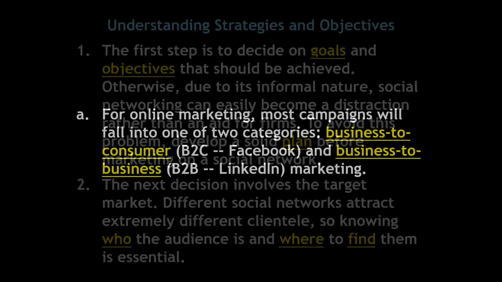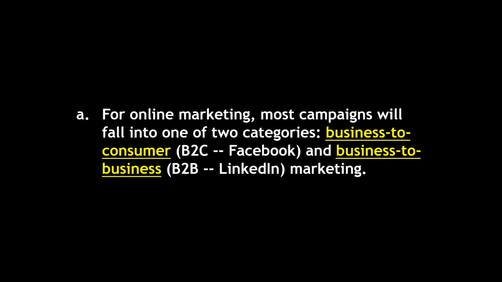Now, for online marketing, most campaigns will fall into one of two categories, either business to consumer marketing or business to business marketing. If you're going for business to consumer marketing, the biggest one out there is Facebook. If you're going for business to business marketing, you may have a better shot using LinkedIn because, again, of the types of clientele that use their platforms.